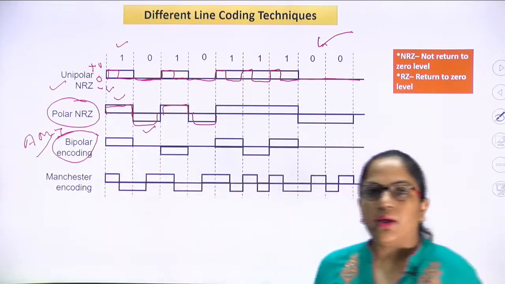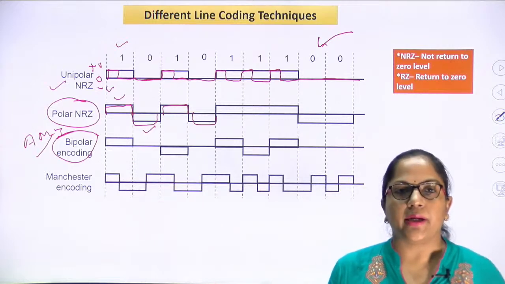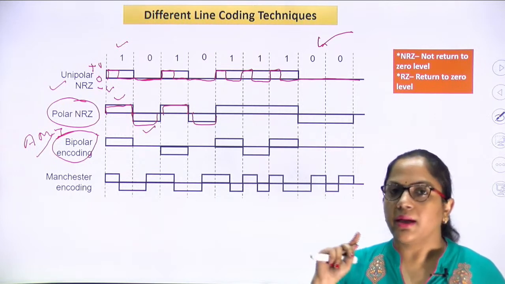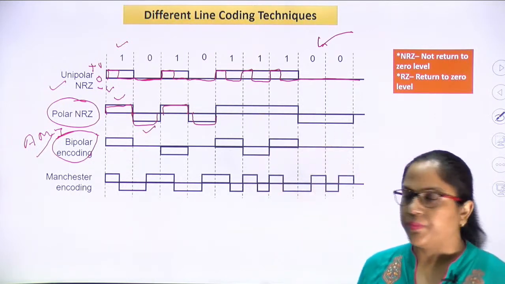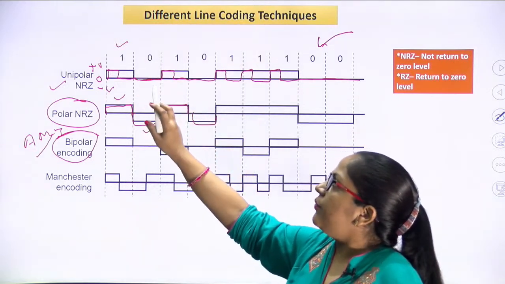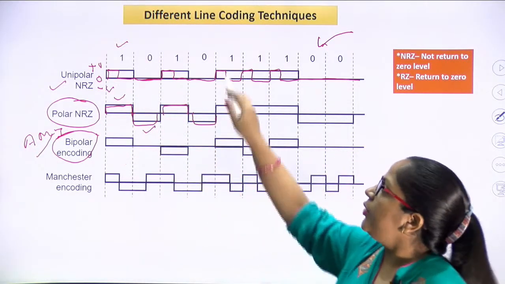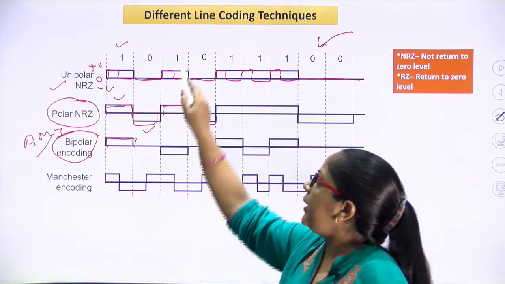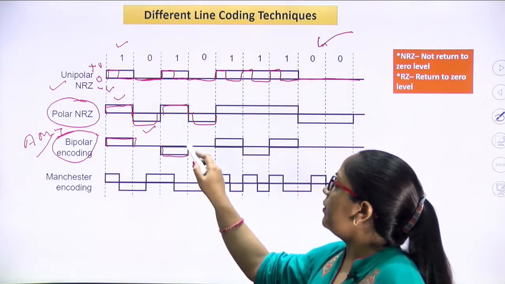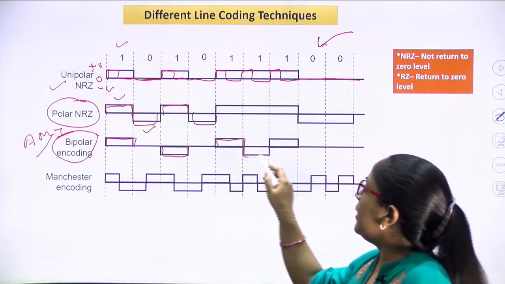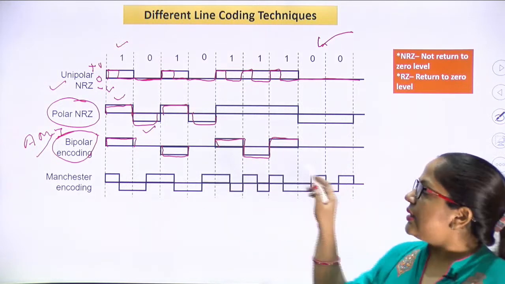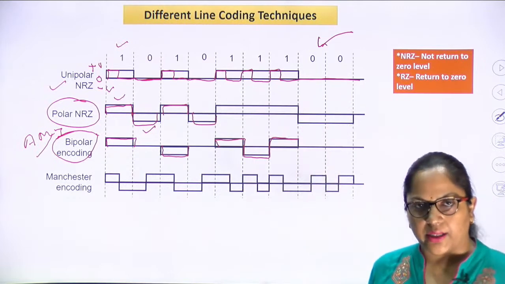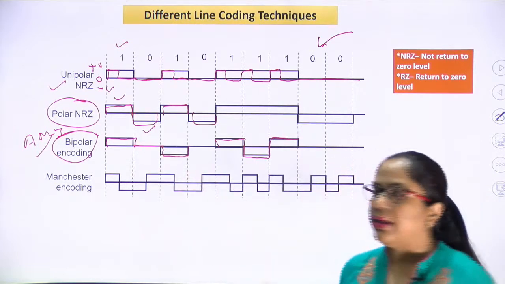In case of bipolar encoding, again we assign both kinds of polarity, positive as well as negative, but the two polarities are assigned alternately to the ones. For the first one we assign positive polarity, for the next one it will be negative, then for the next one positive, negative and so on. So in this way we assign alternate polarity to alternate ones and no signal corresponding to binary 0.